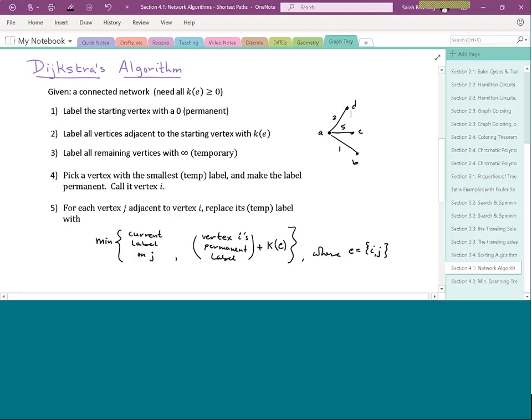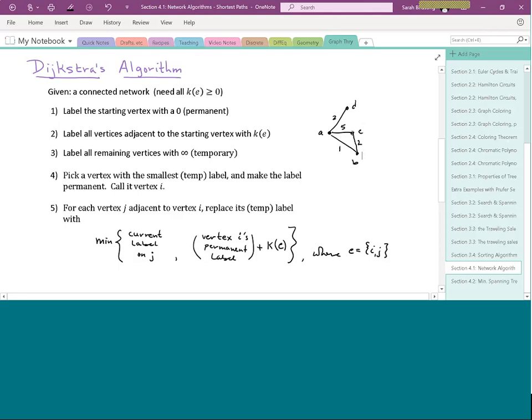But suppose there's also an edge that connects B to C and it has length 2. Well, what we thought was going to be the permanent label on C, which would have been this initial 5, the edge that's incident to both A and C, it turns out it won't be.